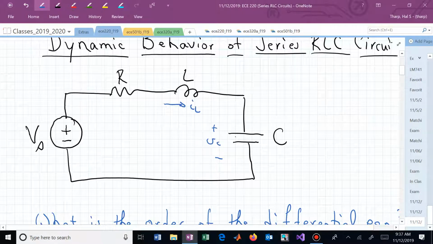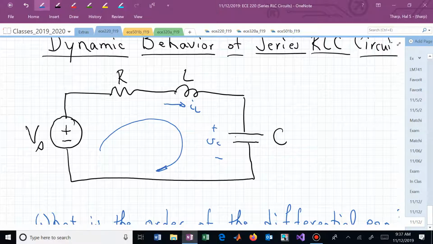Does that help? How would you like to analyze this? Or what's your favorite way of analyzing a circuit? Does that give you a clue? That's probably most people's favorite.